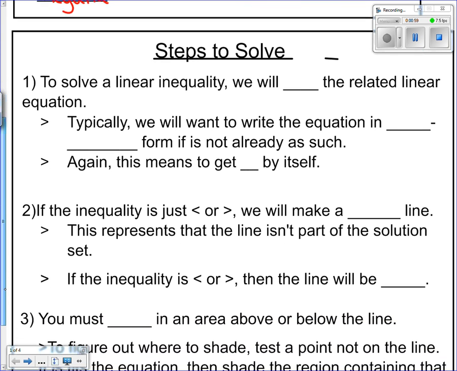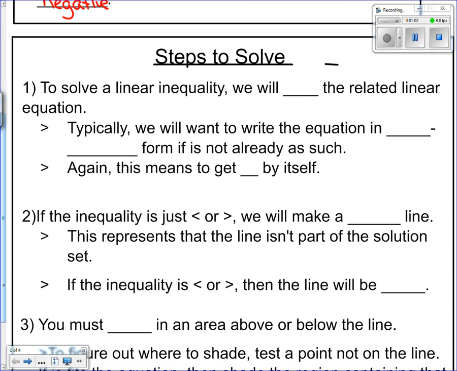When we solve a linear inequality, we're going to follow these steps. First thing, we will graph the related linear equation. So we'll kind of treat it as if instead of an inequality, it's an equation. We'll graph that like we did last chapter.